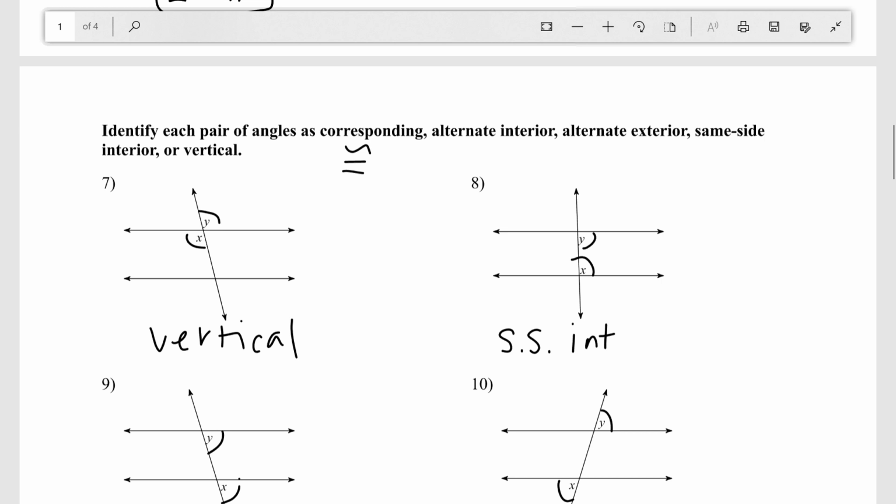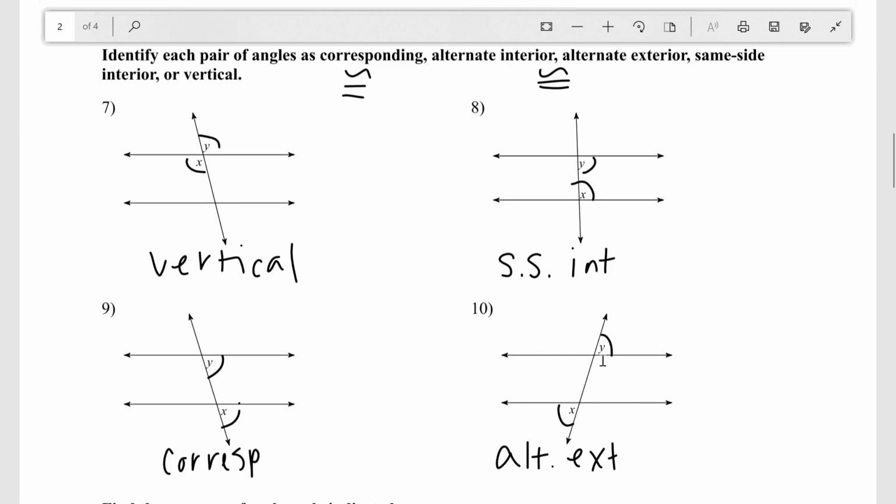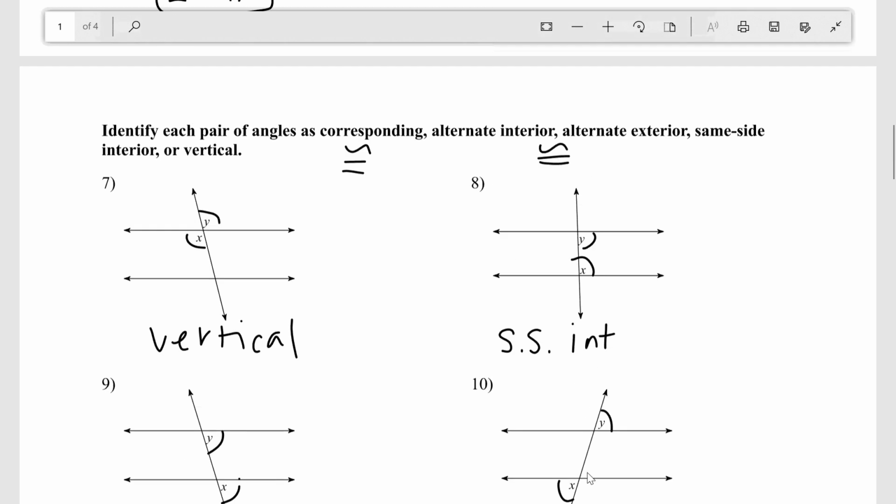So if you know you have corresponding angles, they will be the same measure. Alternating interiors and exteriors are also congruent, okay? So if they are alternating opposite sides of your transversal like number 10 is, exterior or even interior inside of my parallel lines, they're going to have equal measure.